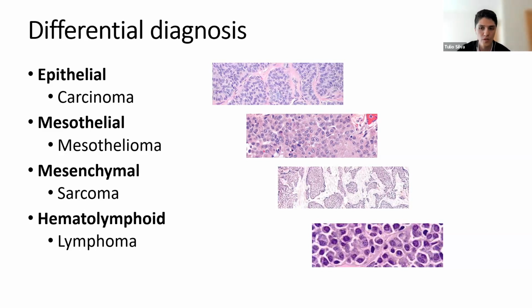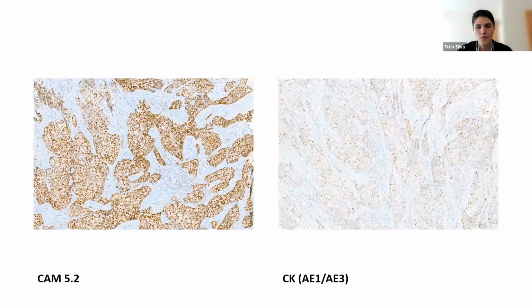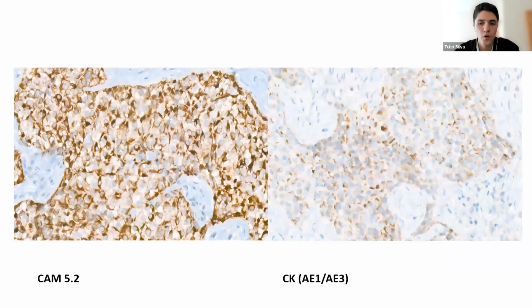Based on that, we performed our first immunohistochemistry panel. The tumoral cells express cytokeratin CAM5.2, showing intense and diffuse expression, and also pan-cytokeratins with weak positivity, both with a dot-like pattern.